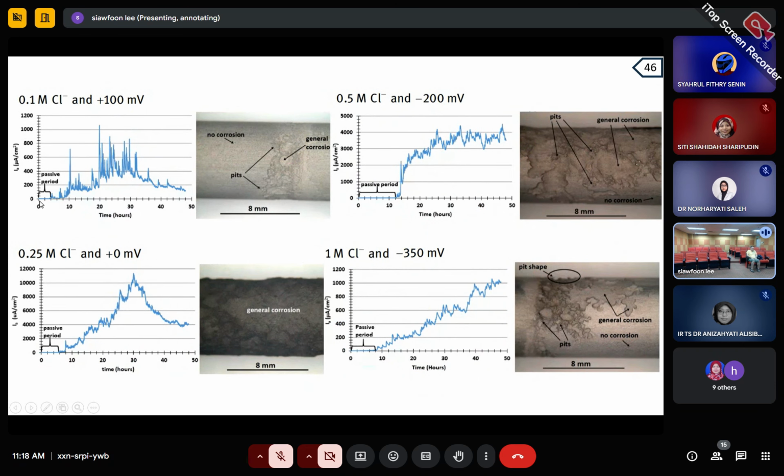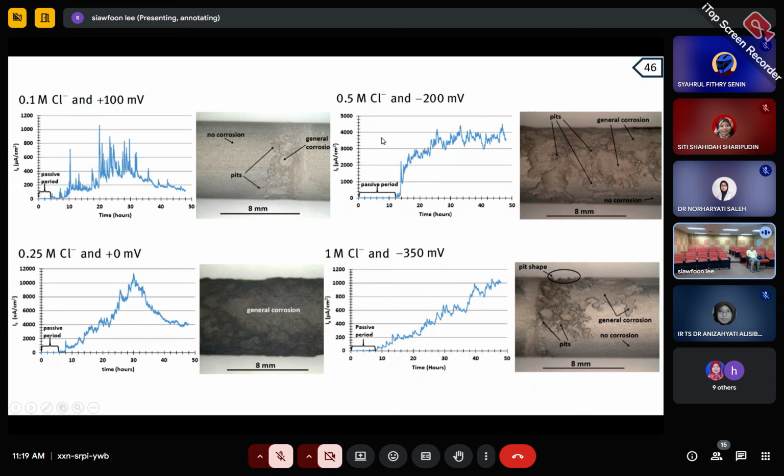And you can see, for 0.1 with plus 100 millivolts applied within 2 hours, actually you passivate the steel. However, if you apply it continuously for 20 hours, instead of passivating the steel, you corrode the steel.